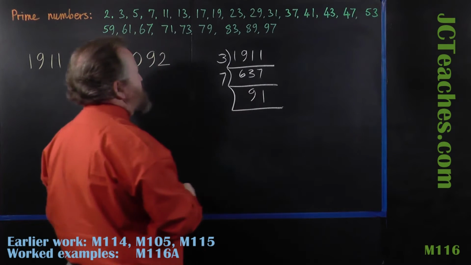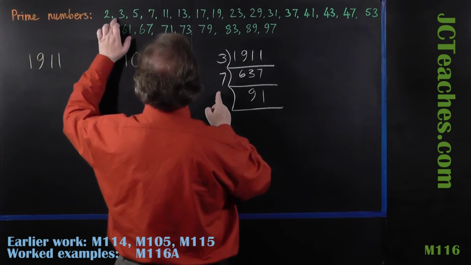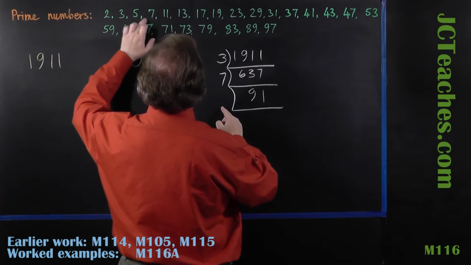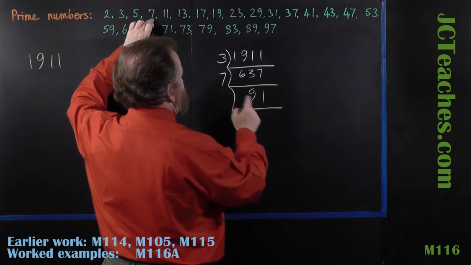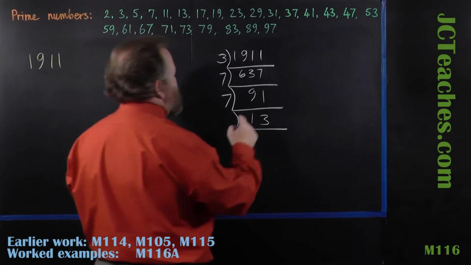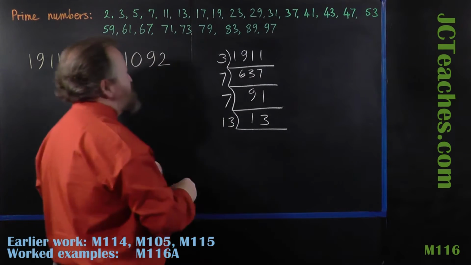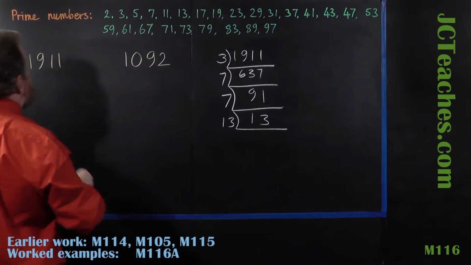What goes into 91? 2 doesn't, 3 doesn't, 5 doesn't, 7 13 times. So 7 13 times. 13 is a prime number, so we've just got 13 here. So this one, 3 times 7 times 7 times 13.